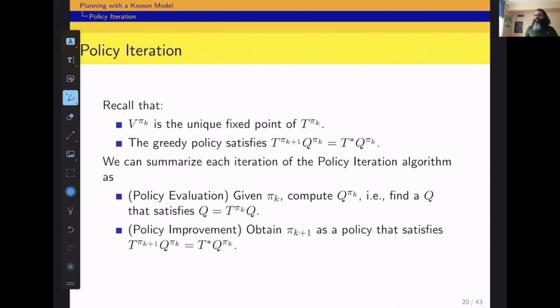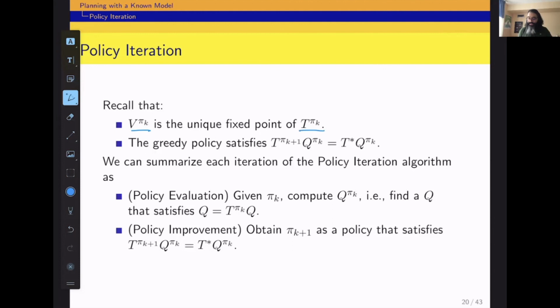Okay, so let's write the greedy policy iteration in a slightly different format. Here, recall we had these two properties. One is that v pi k is the unique fixed point of T pi k.